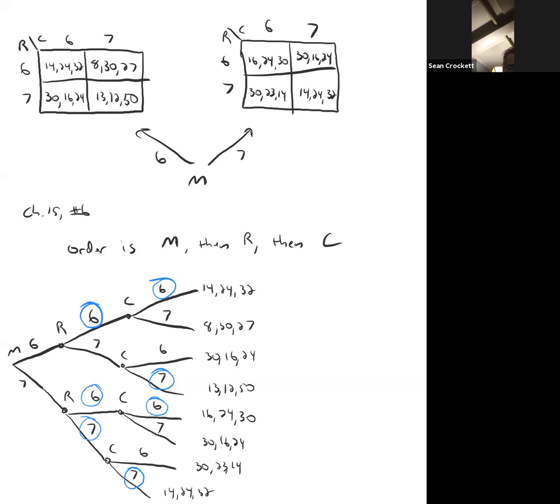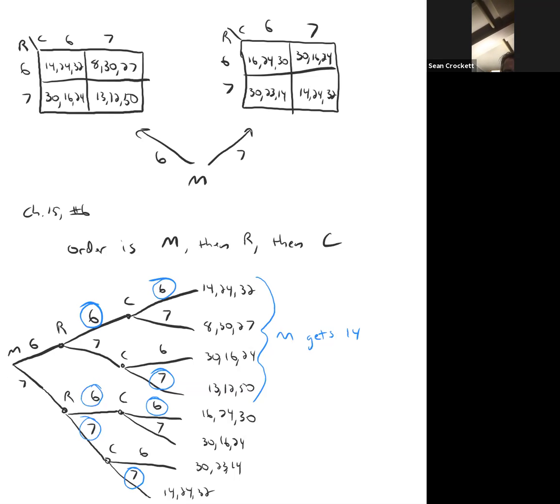And then for M, on the top, she knows what she's getting. She's either getting a 13 or a 14. So she's definitely going to pick the 6 o'clock time slot. Oh, what am I doing? Sorry. We have to compare that to the bottom one. So she knows this top part. M gets, what do we say? 14 for sure. So if she picks the 6 o'clock time slot, she's definitely getting 14.